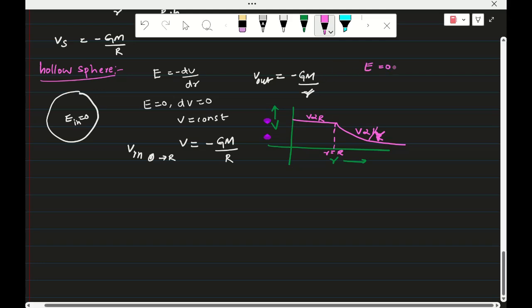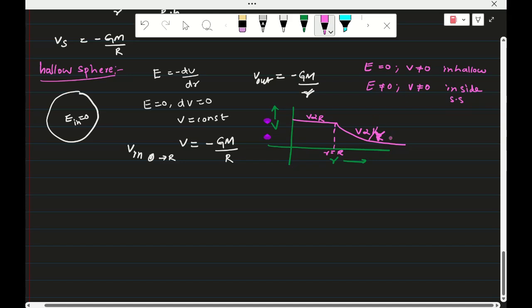Now here see some cases. E is equal to 0, V is not equal to 0. Where E is not equal to 0, V is also not equal to 0. That is inside the solid sphere. So this is inside the hollow sphere.